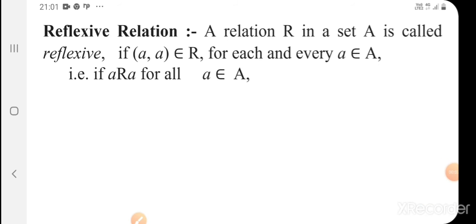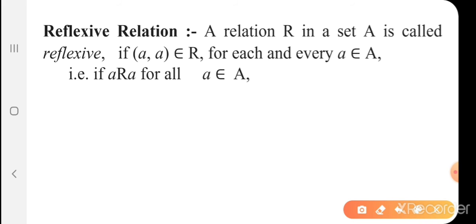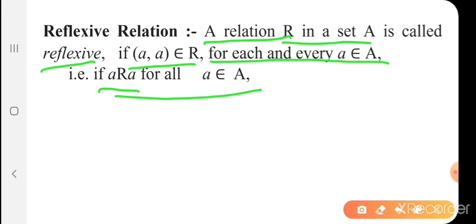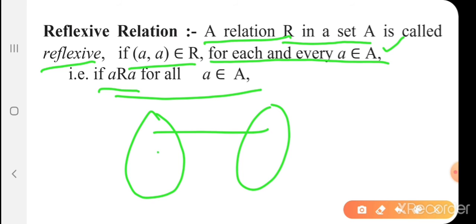Next we discuss the reflexive relation. A relation R in the same set A is called reflexive if a is related with a for each and every element of A, that is, a R a for all a in A. You take any element of the set A and that element is related with itself.